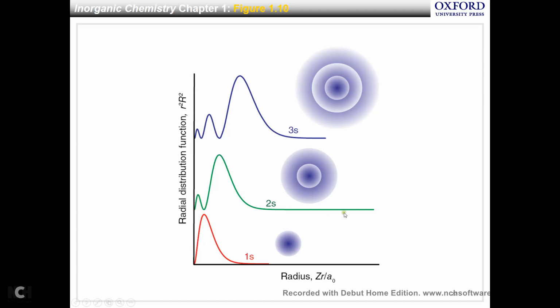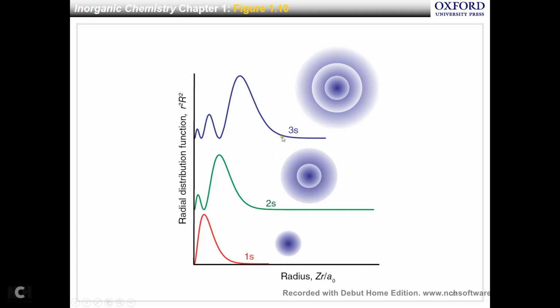Similarly, if you look at the 2s orbital, it's simple. We have a 2s orbital. The distribution function is r squared times 2 minus r, squared. The reason is in the wave function of 2s, you have a polynomial function of 2 minus r, and then times e to the power of negative r over 2.